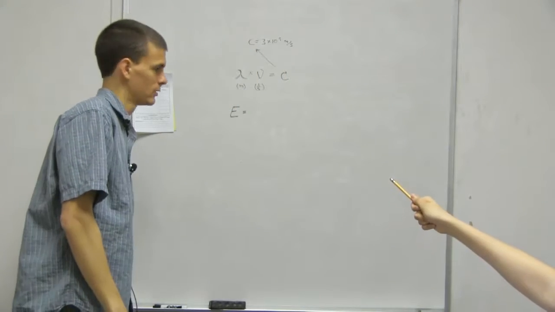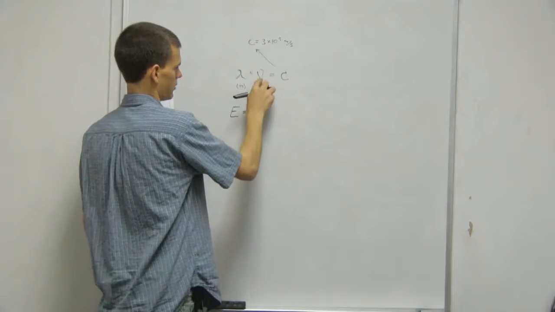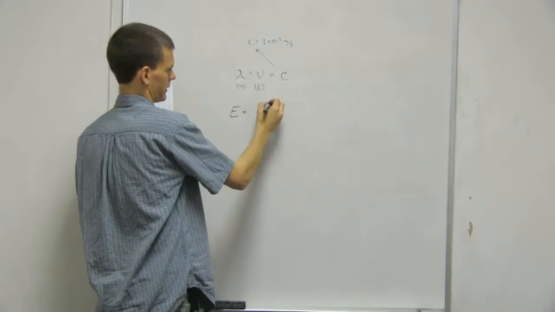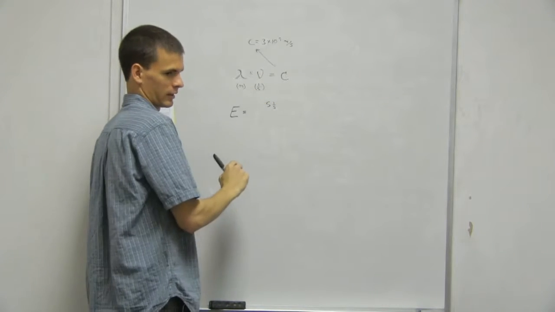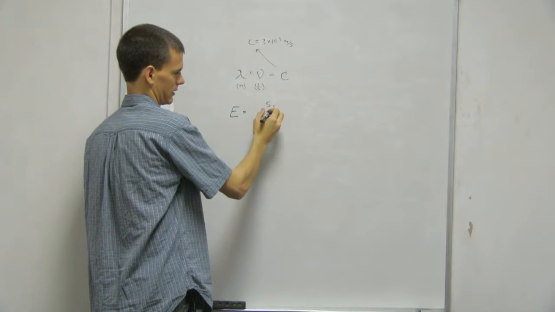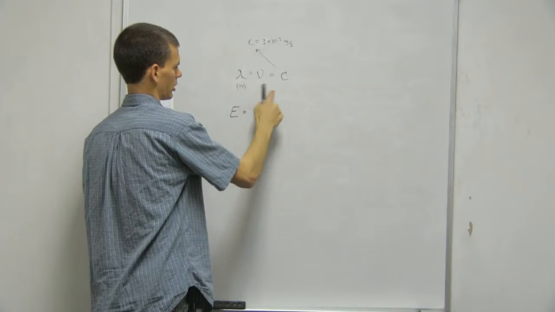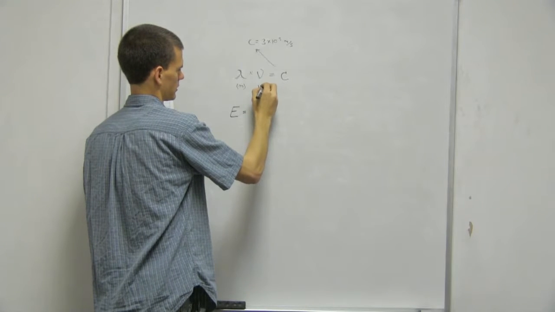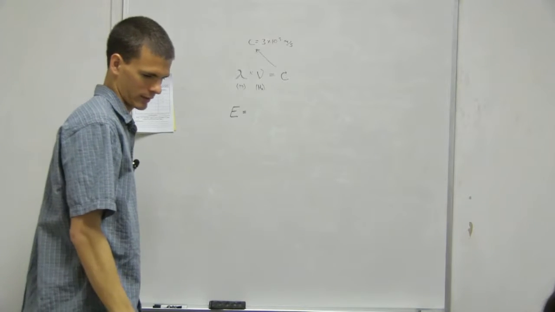The units of frequency are 1 over seconds, instead of seconds. You don't really need to know that, but they also call it hertz. You'll see that in the book.